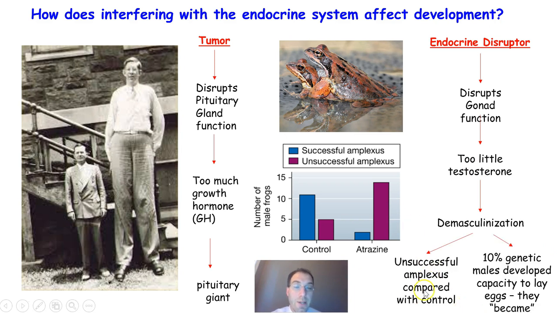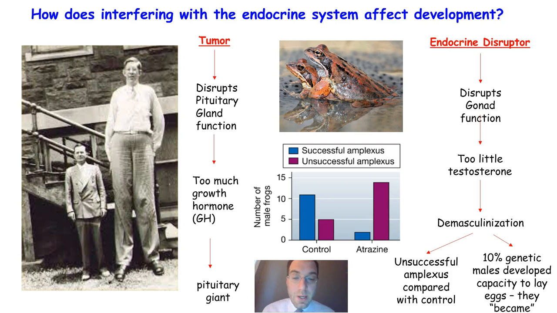And not only were they unsuccessful, but this is really crazy: 10% of the genetic males, so they had an X and Y chromosome, developed the capacity to lay eggs. They became essentially female, which is really amazing, even though they were in fact male. So these are really kind of scary things to consider.